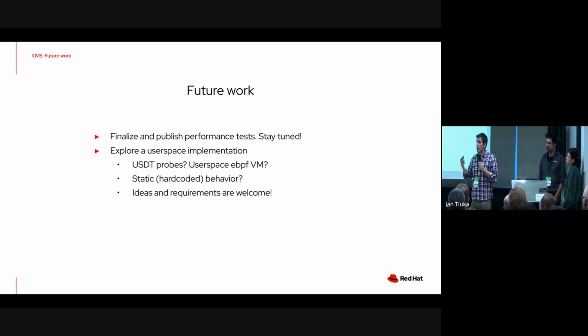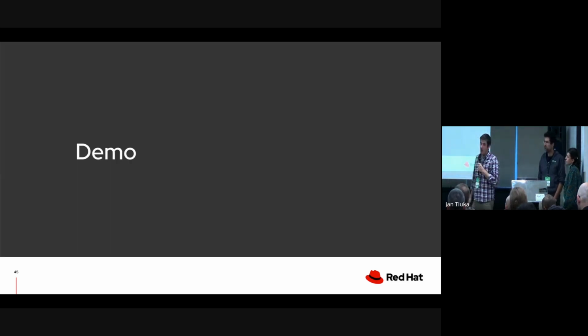We would like to listen to use cases for this kind of sampling in the user space data path and come up with a way of implementing the same there. We could use USDT probes maybe, but yeah, there's lots to explore there. So yeah, future work.